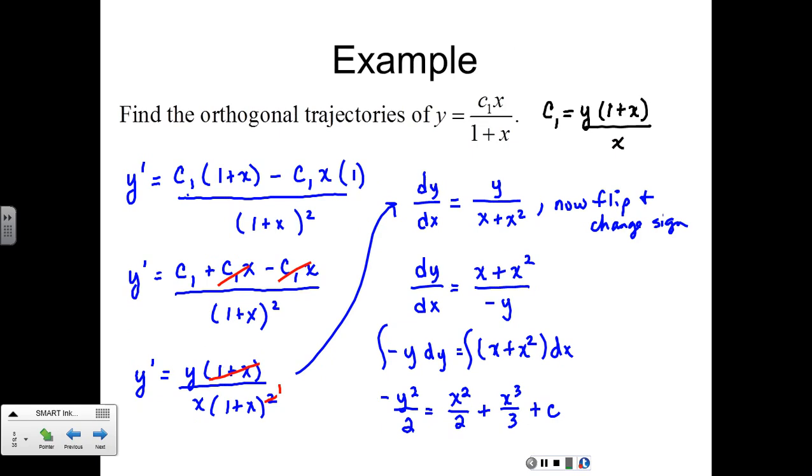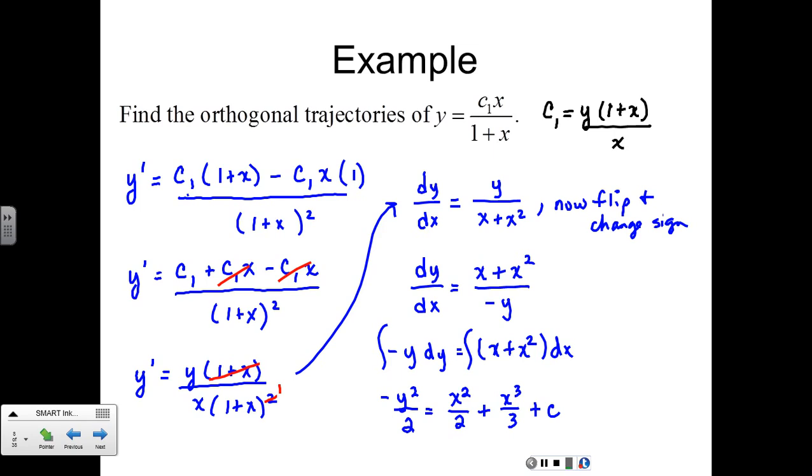Algebraically, what else could we possibly do here? How about, he said multiply through by negative 2. What's better? Multiply through by negative 6.